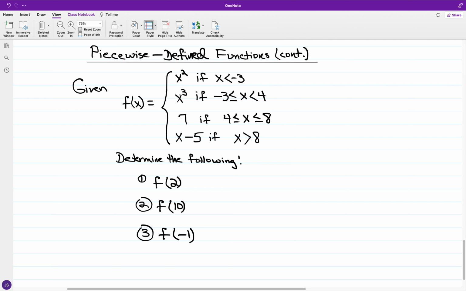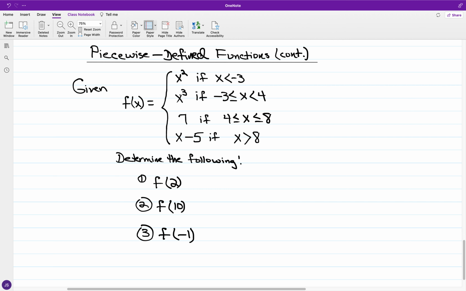So for f of 2, if you notice, 2 is not greater than 8, 2 is not between 4 and 8, and 2 would not be less than negative 3, but 2 is between negative 3 and 4. So negative 3 is less than or equal to 2, which in turn is less than 4.